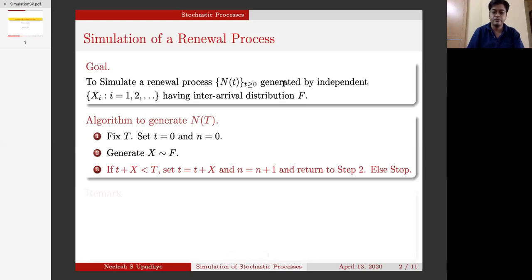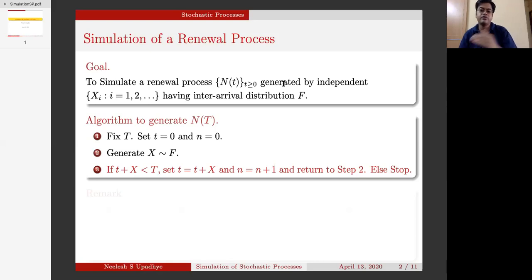Since this was the first event, the t was 0, so our new t is x, and n is equal to n plus 1. That means N_T will become 1. And because t plus x is less than T, we have not yet reached the random variable capital N_T.